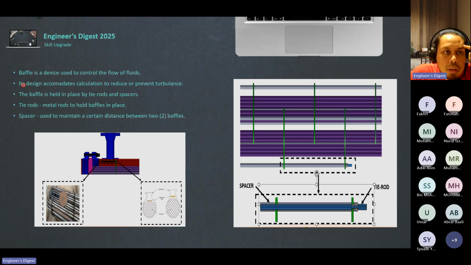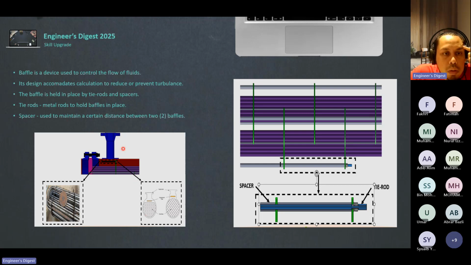The baffle is held in place by tie rod and spacer. This is your tie rod and this is your spacer. Because of this spacer, the length between the baffles can be maintained. But sometimes they just weld the baffle to the tie rod. It's permissible also.